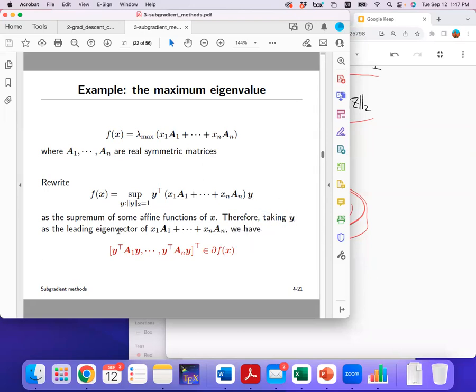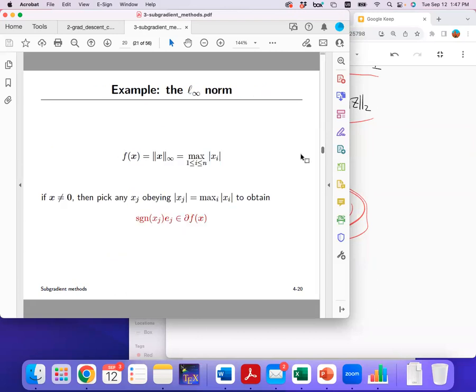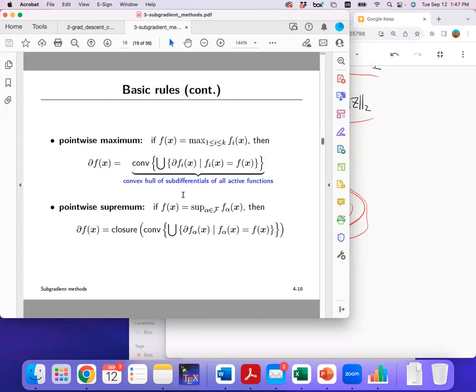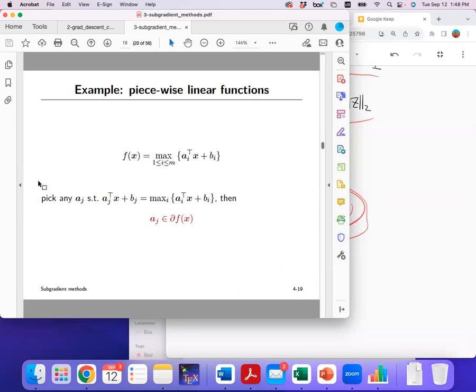This leading eigenvector y achieves that supremum. We need to check this activation condition, and in this case the leading eigenvector achieves that supremum value.